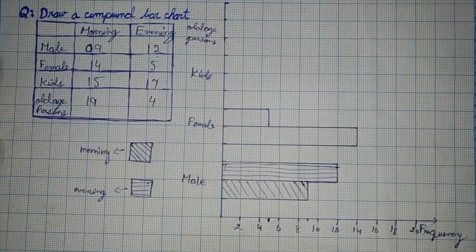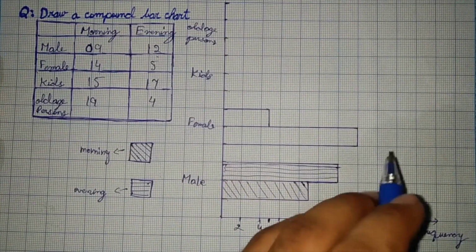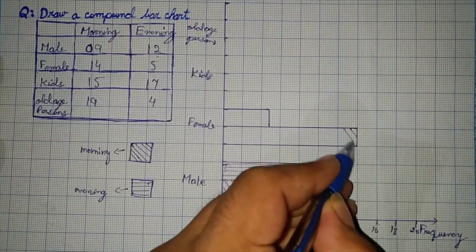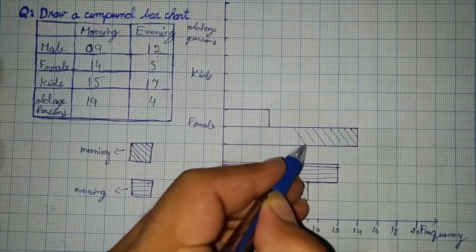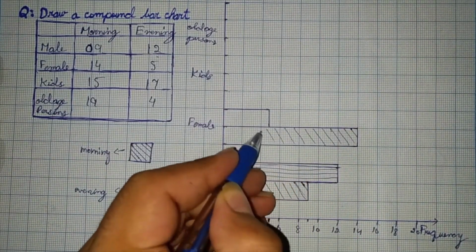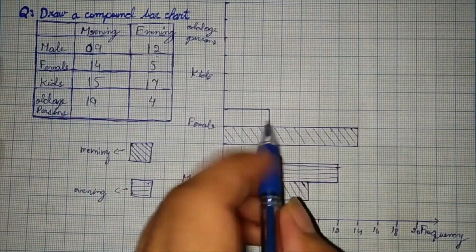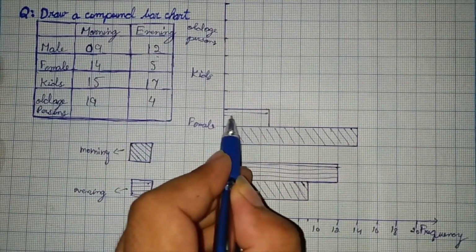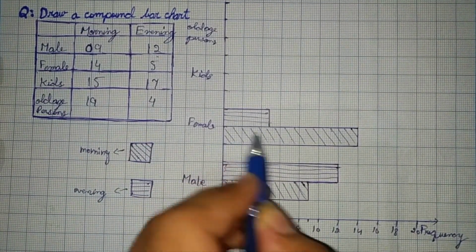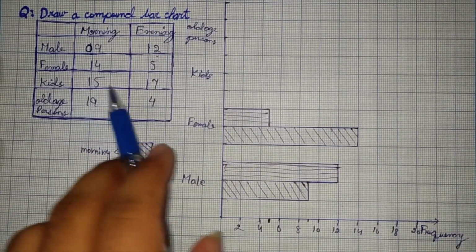This part represents the morning, so I will draw this type of lining here, or you can use different colors. Clear? And this part is for evening, so I will draw straight lines here. Clear?